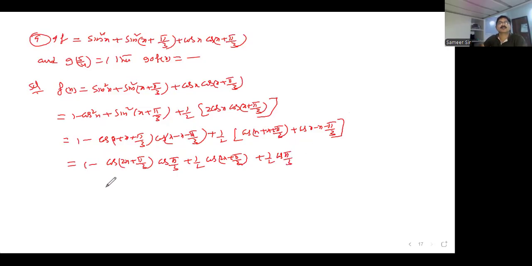Of course, cos of minus theta is cos theta. 1 minus 1 by 4, this is what? 3 by 4 I'm getting.